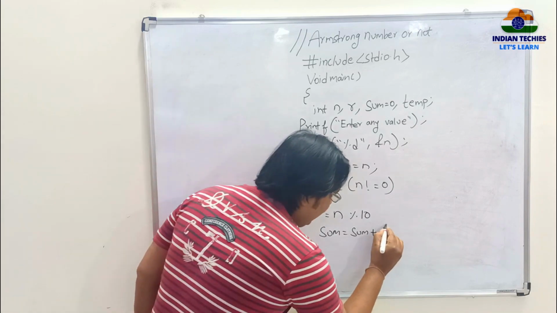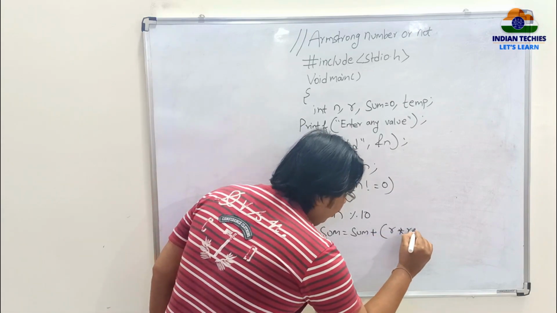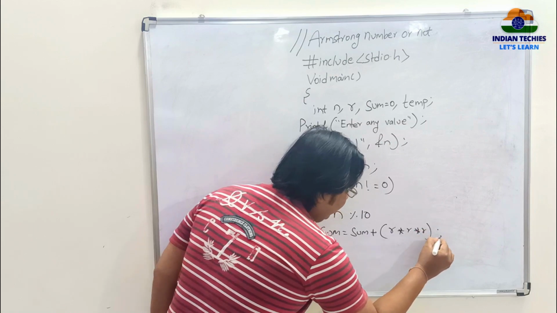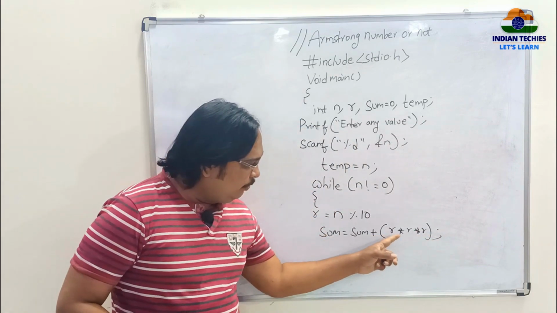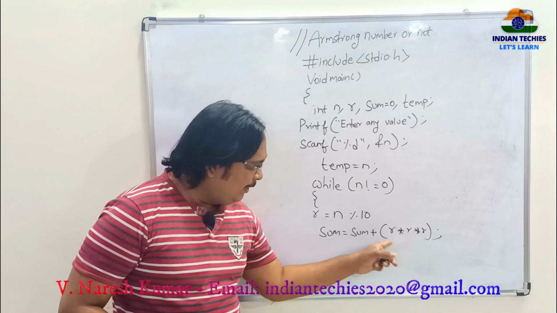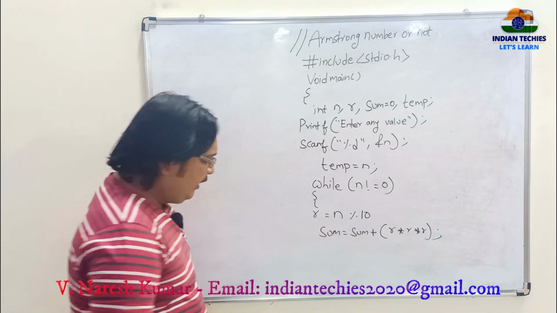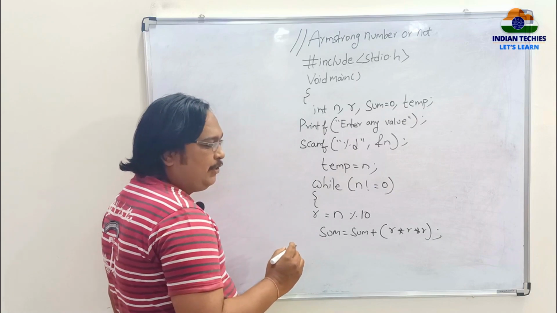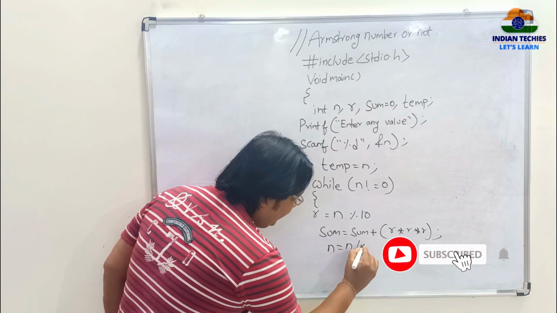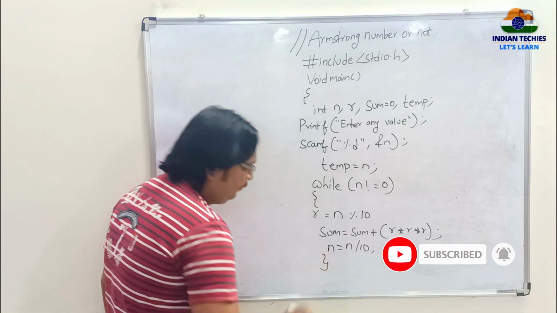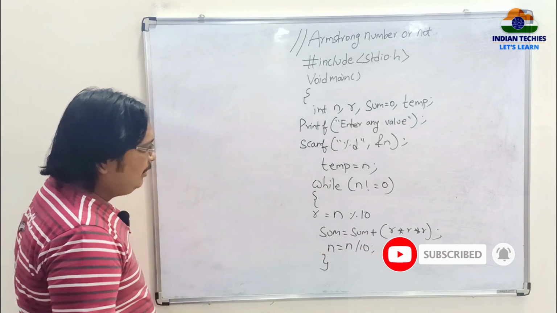So if r value is 3, 3 into 3 into 3 will be added and stored in sum. Next, 153 has to be made 15, so n = n / 10.